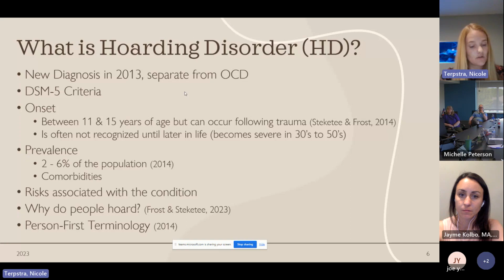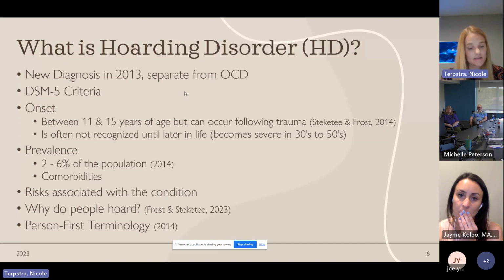There are also several comorbidities associated with hoarding disorder, including major depressive disorder, attention deficit hyperactivity disorder, generalized anxiety disorder, and personality disorders. Hoarding disorder also affects men and women equally, and there are records of hoarding disorder within families, indicating there may be a genetic component to the disorder.